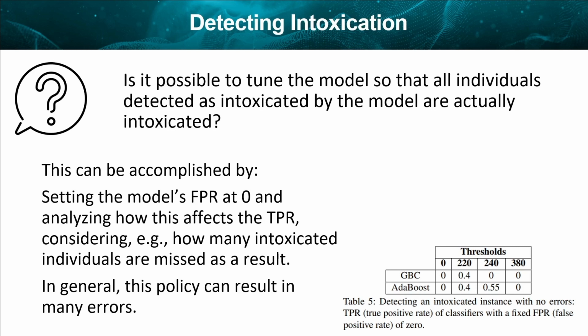Now, in general, you can see that this policy can result in many errors, where only about 60% of the intoxicated individuals are detected as intoxicated, while in some cases 40% and even 50% of the individuals are missed by this model and considered as sober.